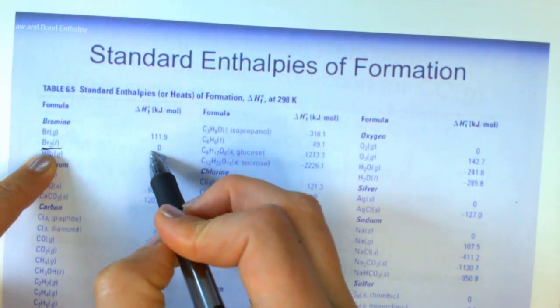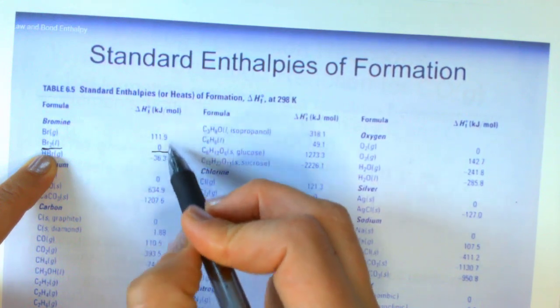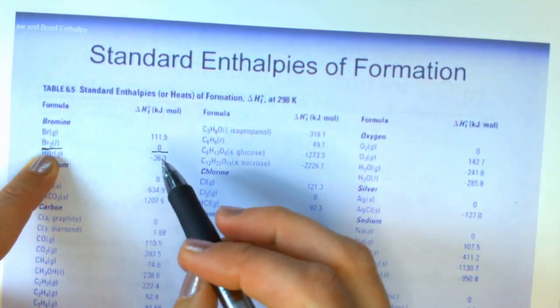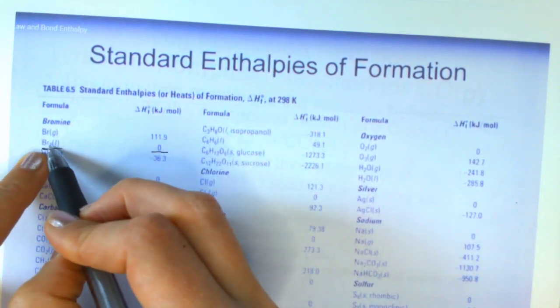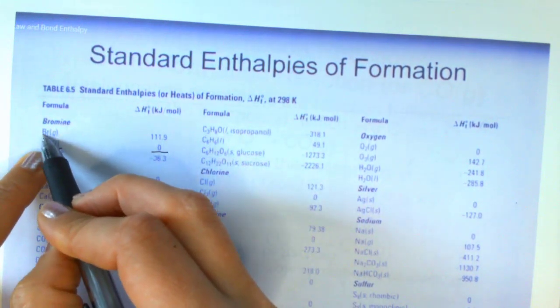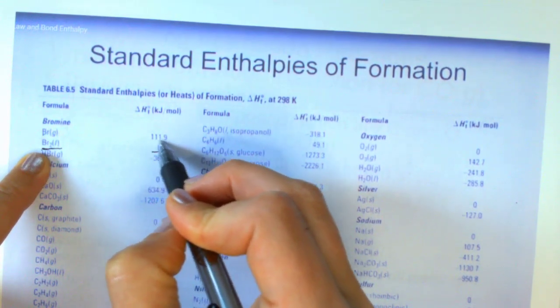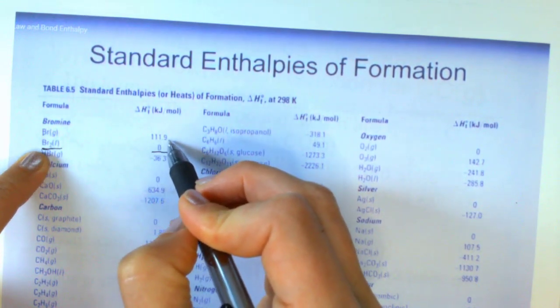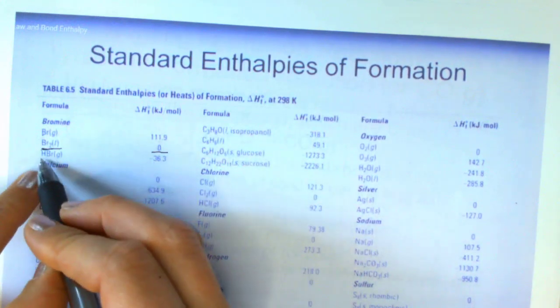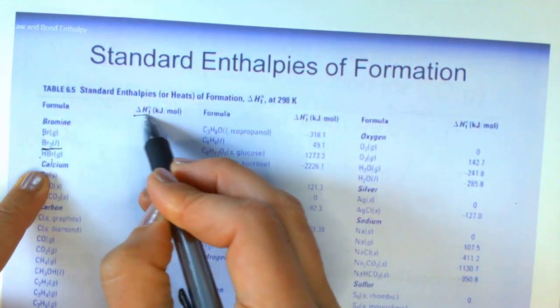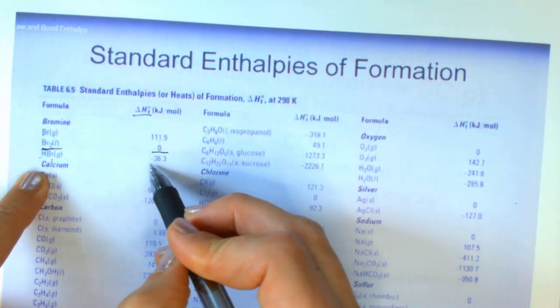And remember that last definition, the heat of formation is 0 because we're not forming that. However, to turn that liquid into a gas requires heat energy, 111.9. We can see that forming the compound HBr is an exothermic reaction, and the heat of formation is negative 36.3.